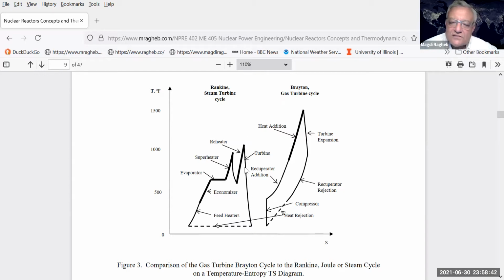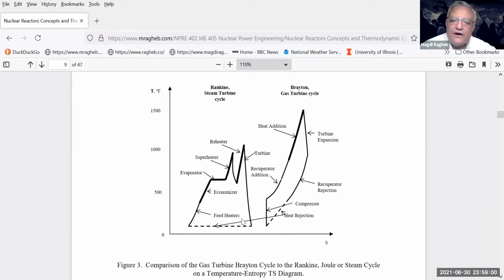Once the steam has done its work in rotating the blades of a turbine and the blades of an electrical generator, you condense the steam in a condenser by rejecting some of the heat to a cold reservoir.